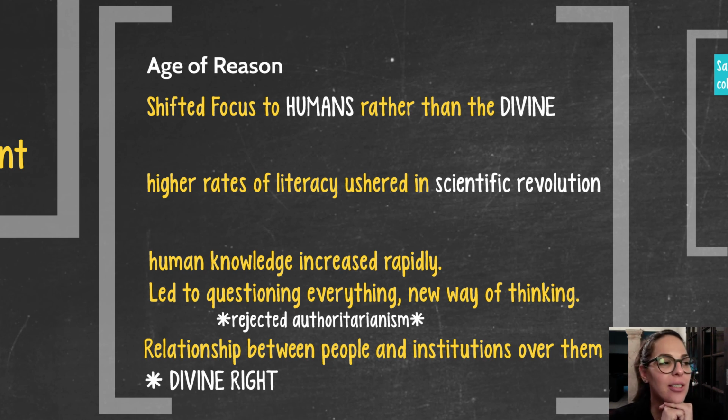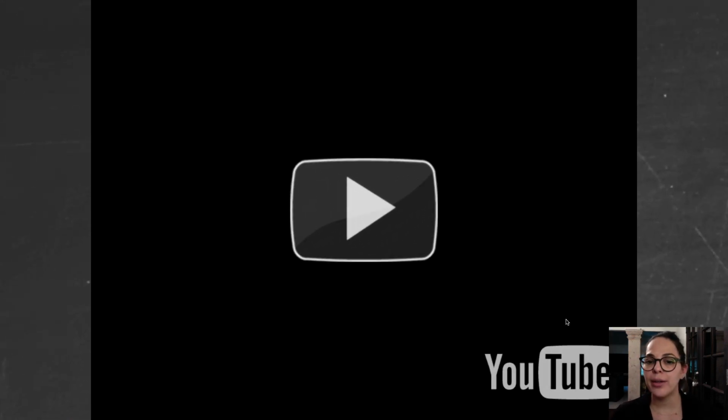So many of these, really ideas about humans' innate ability to achieve reason, to be able to make these decisions for themselves, rather than have somebody tell them what to do, whether that be the church or the government or whatever other institutions. And the consequence of this is that the relationship between people and those institutions is going to start to get questioned, but also we're going to start to see those cracks develop as well. Okay.